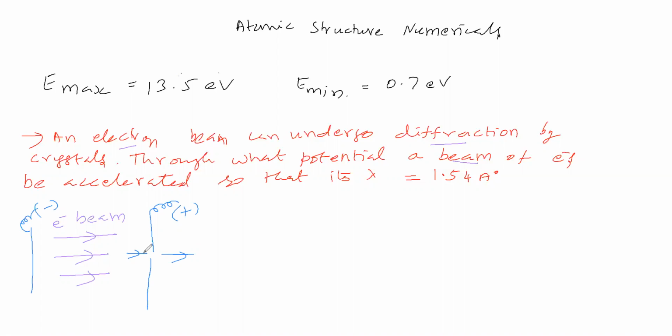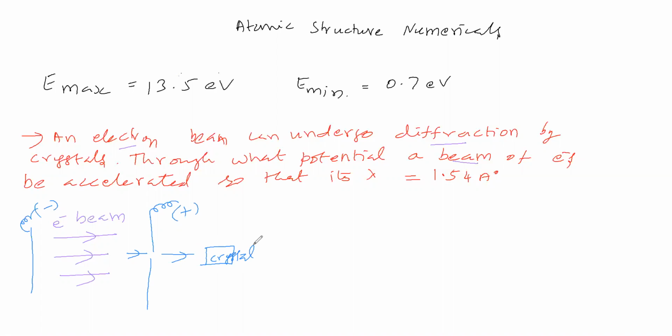Then it is allowed to bombard on crystals. For whichever crystal we want the diffraction experiment, this electron beam is allowed to bombard over that crystal. Then we will get a diffraction pattern.